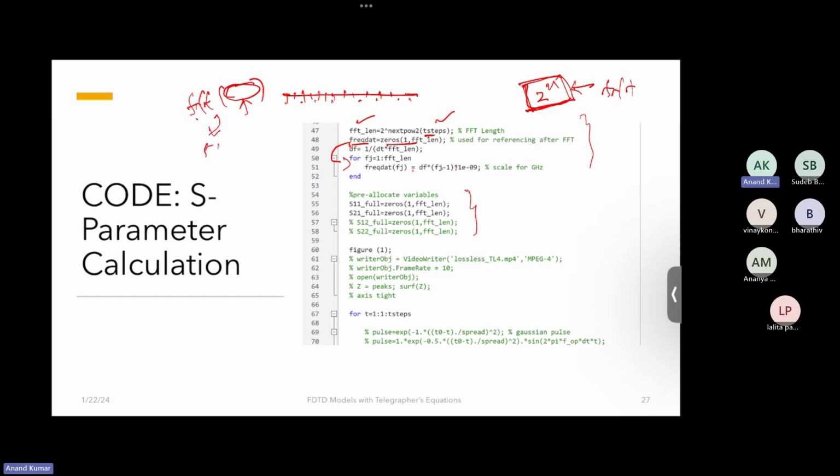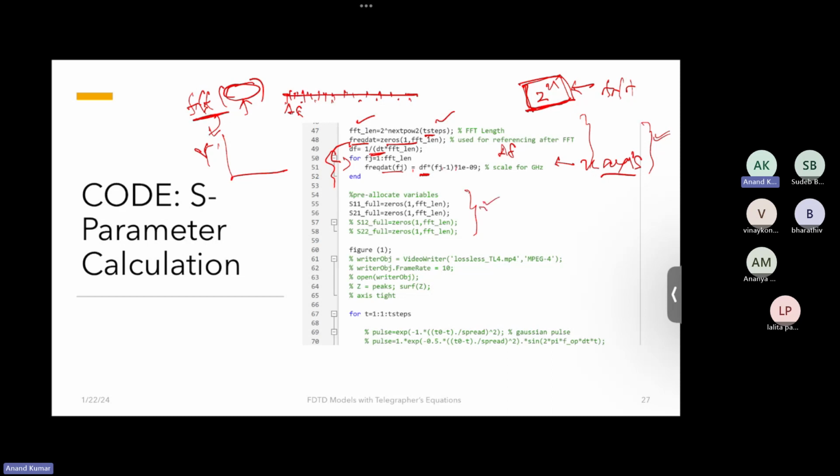Once we have the FFT of this particular function, we want to plot it. The FFT gives you just the y-axis, and over here we calculate the x-axis. So we are filling in frequency with df, which is your delta f for this frequency axis, initializing each frequency point. This is some pre-calculation needed for the FFT.